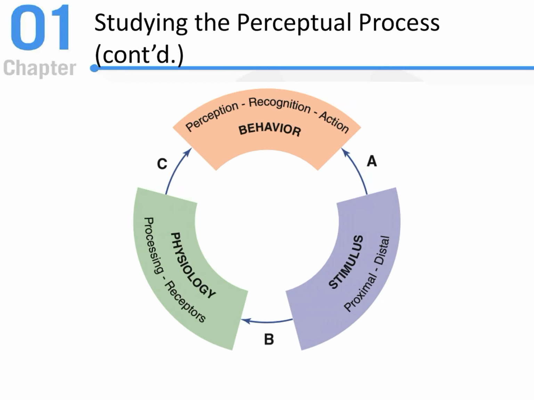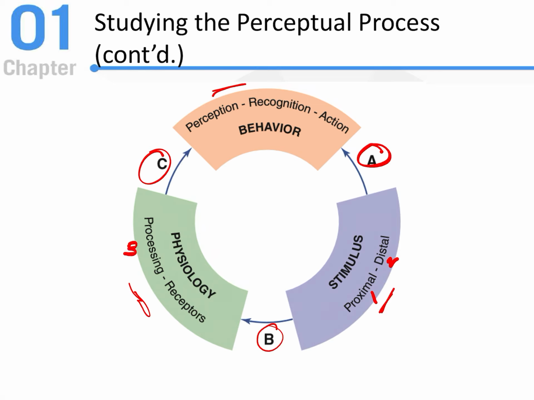So we have A, we have B, and we have C, and here we have the 7 steps broken down. If you look at the 3 boxes here, the stimulus is going to be steps 1 and 2, right? Proximal and distal stimulus are steps 1 and 2.